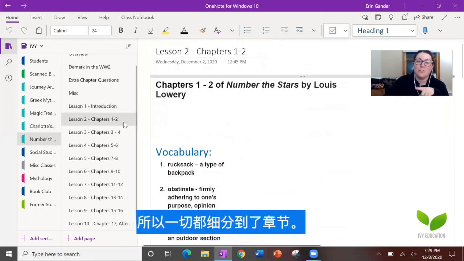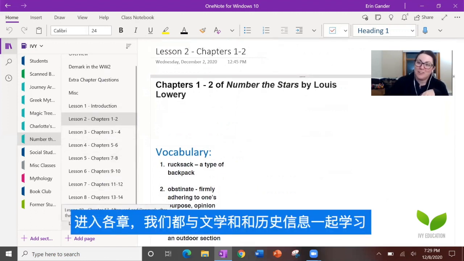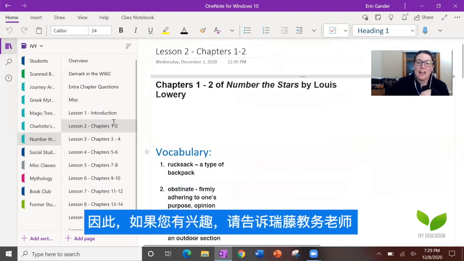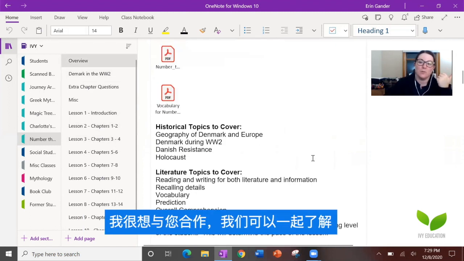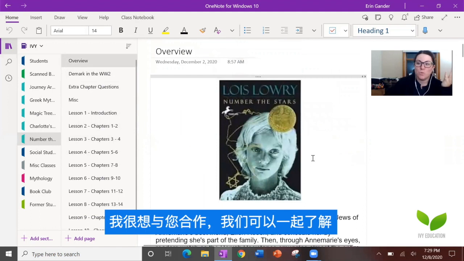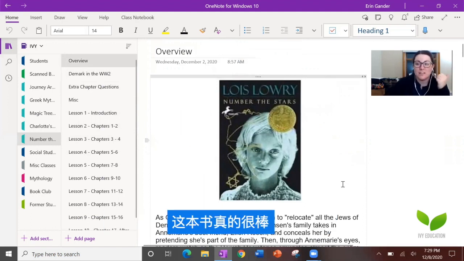Okay, so all of it is broken down into the chapters, and we work both with the literature and the historical information. All right, so if you are interested, let one of the administrators know, and I would love to work with you, and we can check out this really, really amazing book.